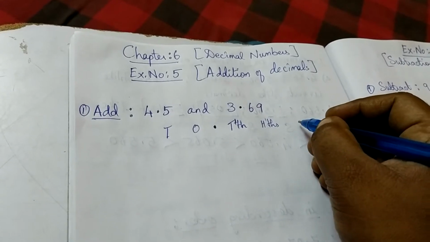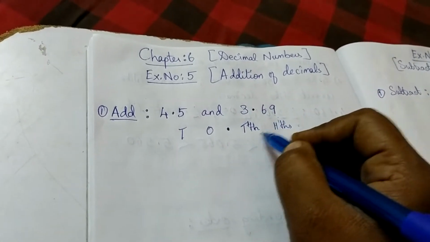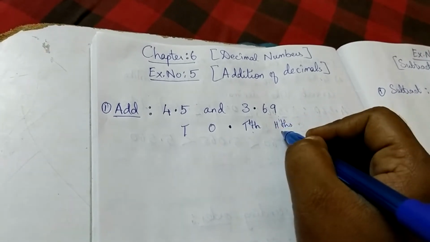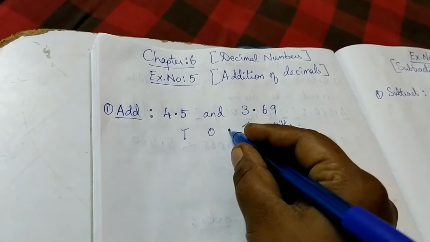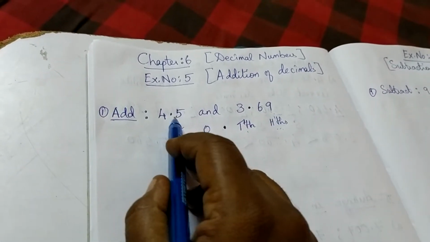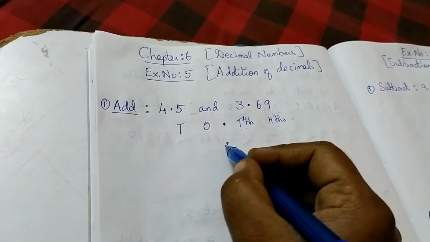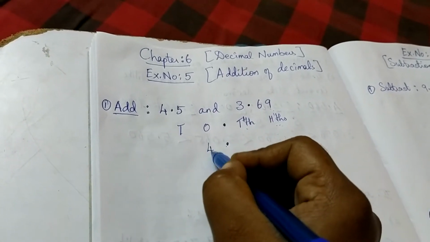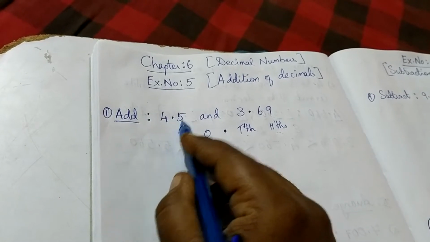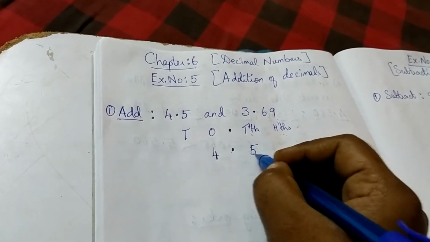If you want you can also write thousandths, but after decimal maximum we have two places only, so I have written only the two place values after decimal. Now I am keeping the decimal point and the first number 4.5. Before decimal 4, after decimal 5.